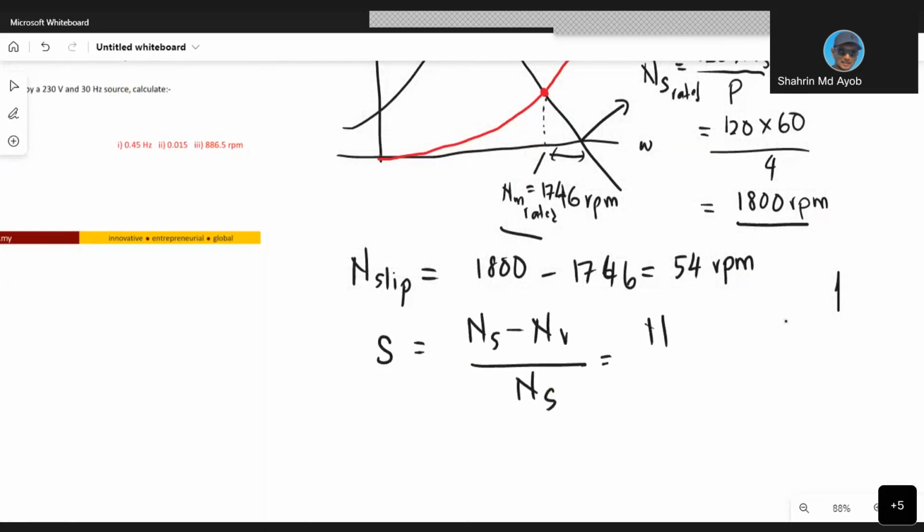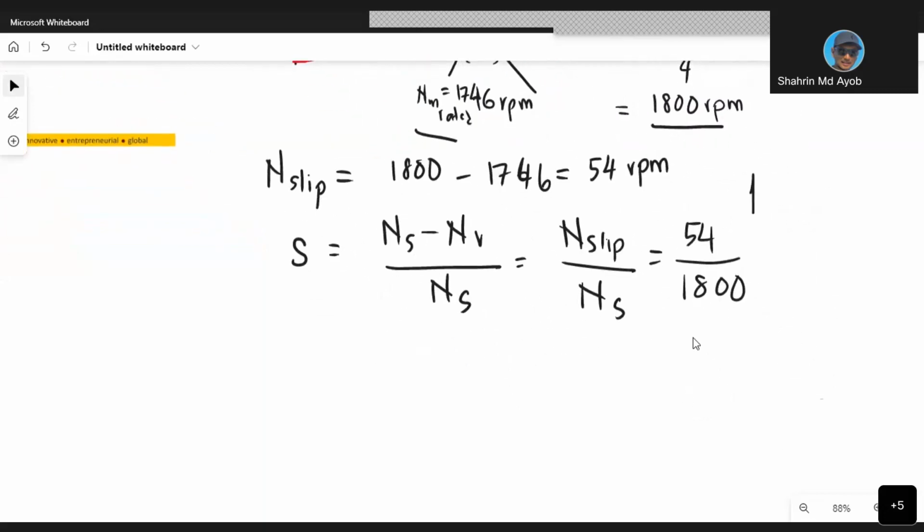Which is this one is N slip over Ns, which is 54 over 1800. Which will give you berapa? 0.03.